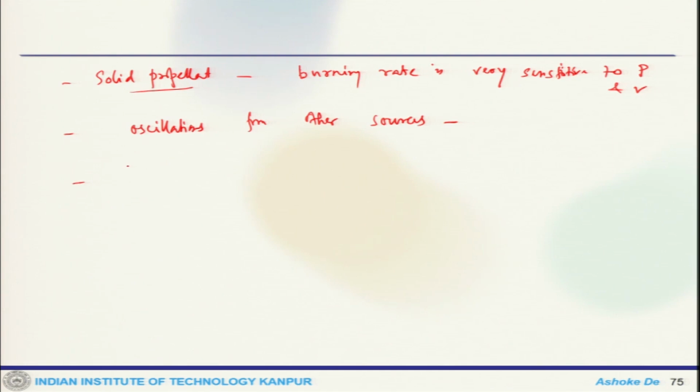Now, these oscillations lead to high rates of erosive burning, and that may change the chamber geometry to stable burning or may lead to engine failure.